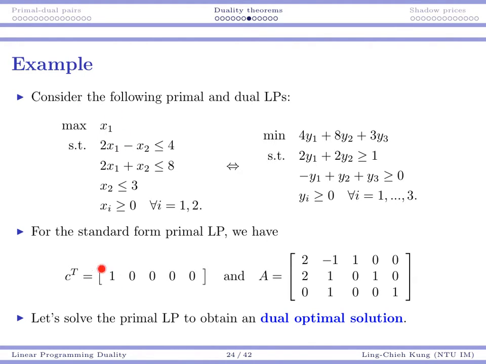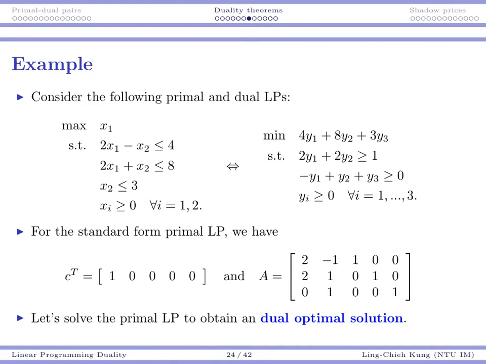For x1 it's 1, for x2 it is 0, and so on. And A is the coefficient matrix, so it's 2, 2, 1, 2, 2, 0, negative 1, 1, and the identity matrix for slack variables. And also, by default, we say a vector is a column vector. That's why here we do a transpose.